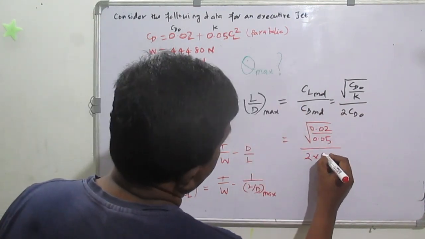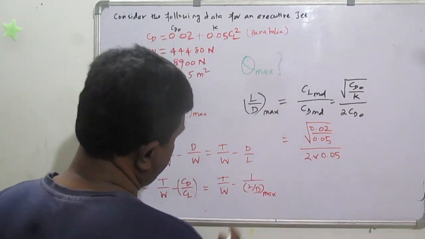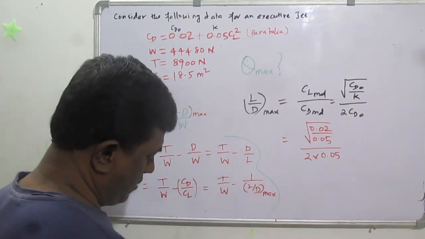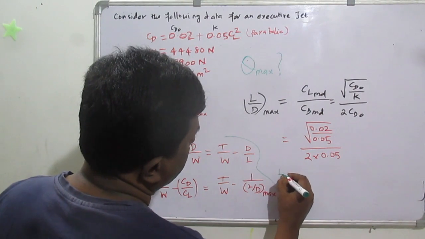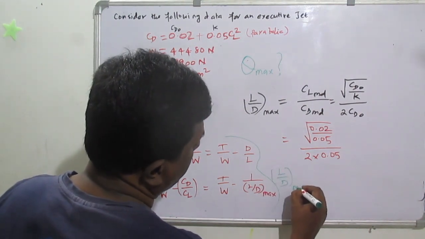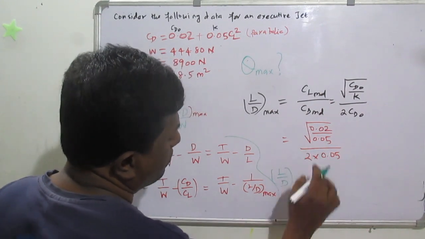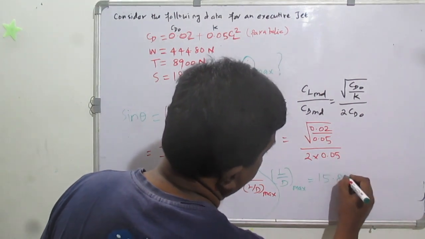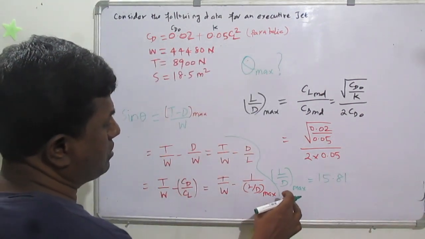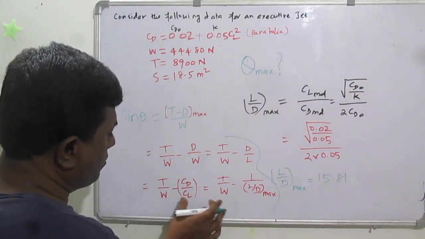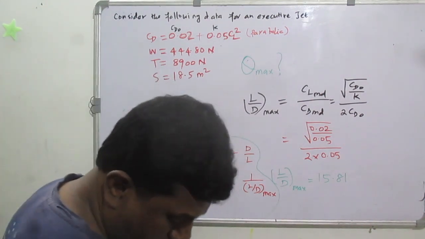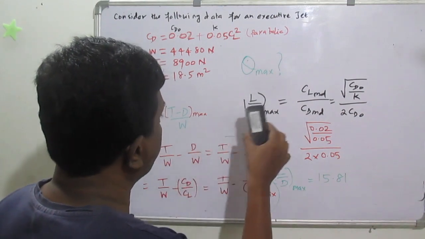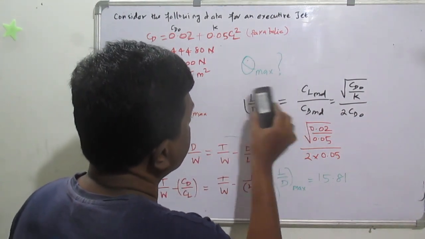After doing the calculation, this ratio L by D max comes around 15.81. Now we have the maximum L by D ratio, and we can substitute it in this formula to find the maximum angle of climb.